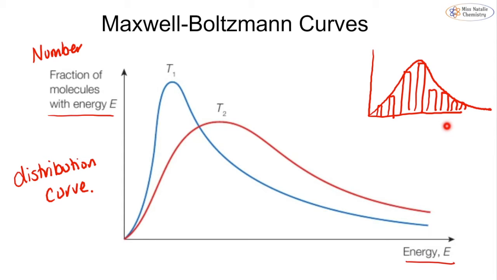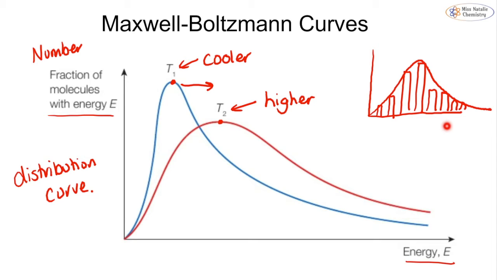Now what we have here is different temperatures, and we have T1 being a cooler temperature and T2 being a higher temperature. And what we can see is that when we have a higher temperature, the curve displaces to the right. So the top of the curve, you can see, has moved to the right.